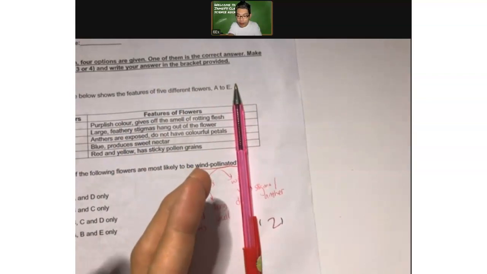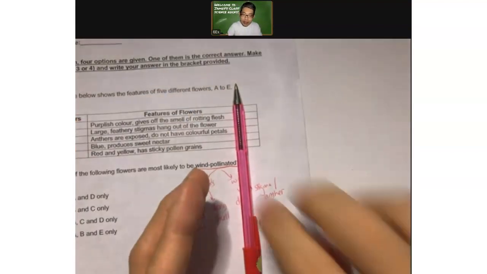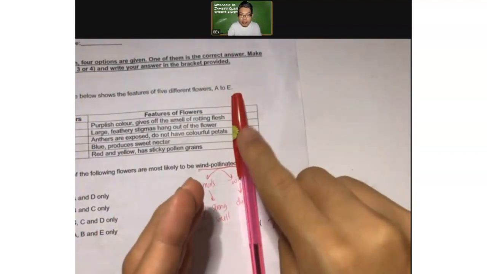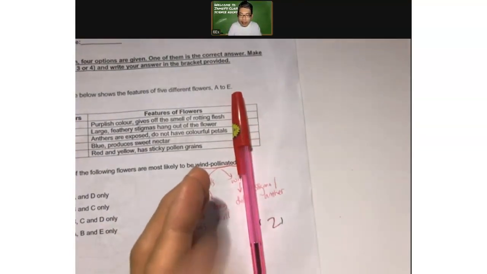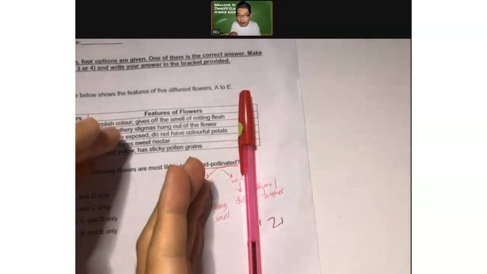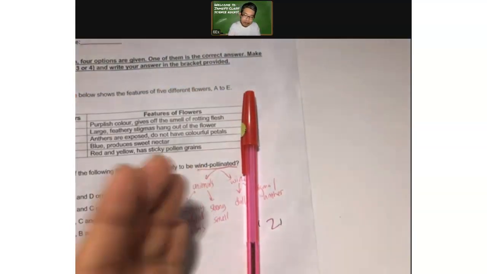So when the wind blows, it can blow against the anther and bring the pollen grains out. Similarly, if this part is a stigma, in order to catch the pollen coming in the wind, it has to be sticking out and spread out, like a fan or a feather. Then when the wind blows against it, it can carry pollen grains that can land on the sticky stigma.